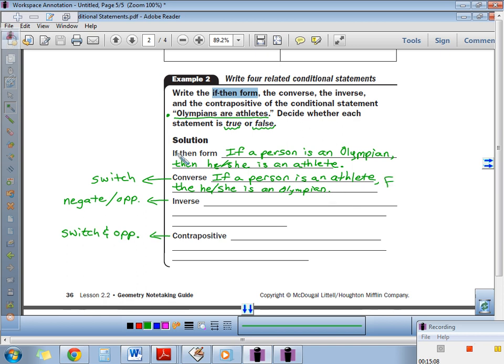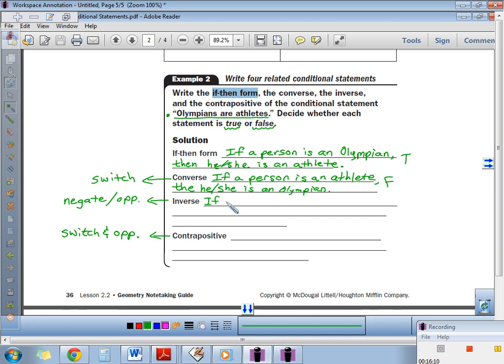Now, is the first one true or false? If they're an Olympian, then they're an athlete. That is true. If they're in the Olympics, they're an athlete. Definitely true. On the inverse, it says we need to negate or write the opposite of the original. So we're going back to the original. So what's the opposite of if a person is an Olympian? Is not an Olympian. Good.